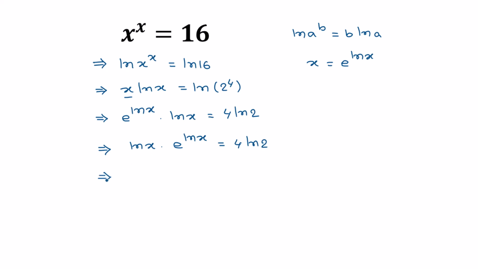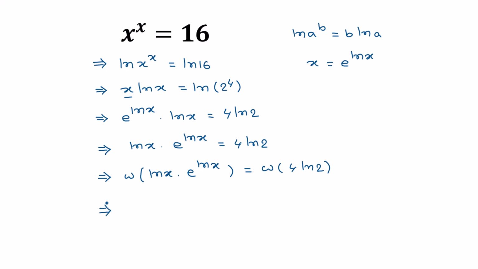Now taking the Lambert W function to both sides, we can write W of ln of x times e to the power of ln of x is equal to W of 4 times ln of 2. We have taken the Lambert W function to both sides.